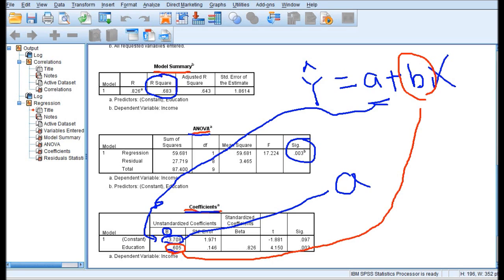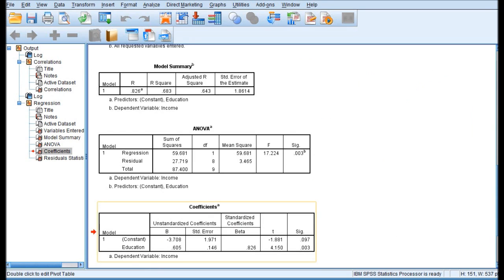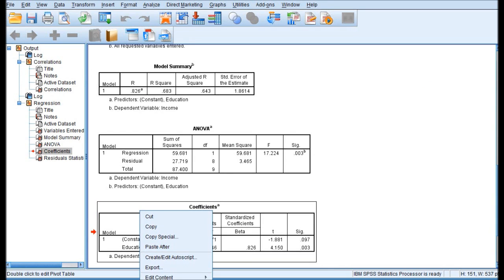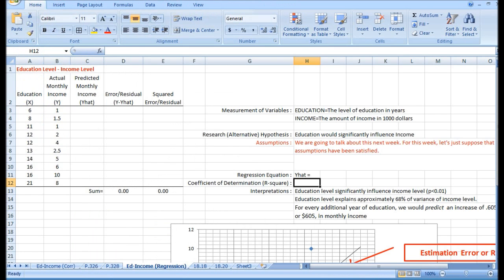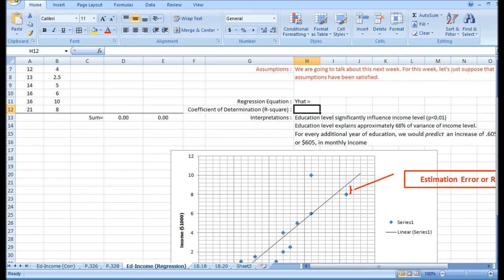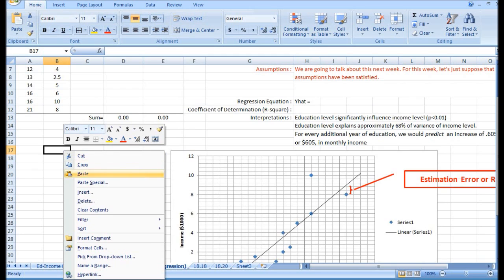Okay, just copy this coefficient table, copy, and go to Excel worksheet or Excel spreadsheet. Just paste, right click and paste.